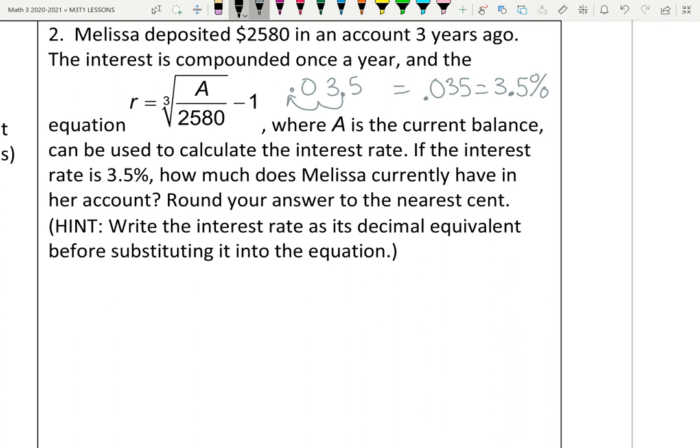So I'm going to substitute this in. 0.035 is equal to the cube root of A over 2,580 minus 1.